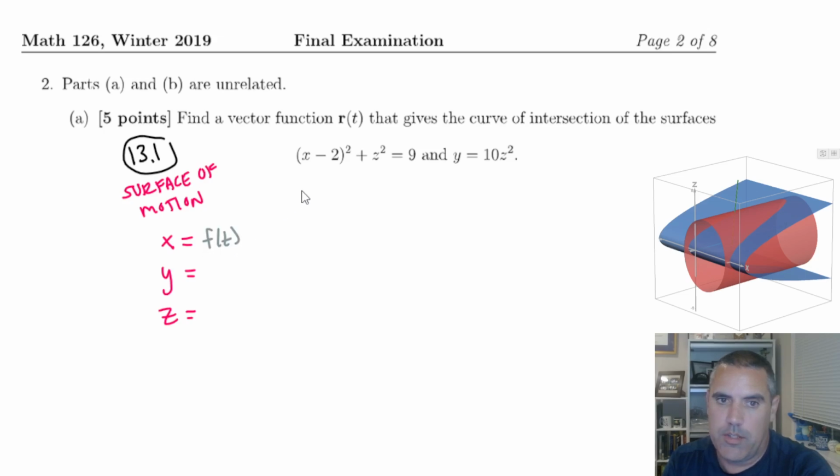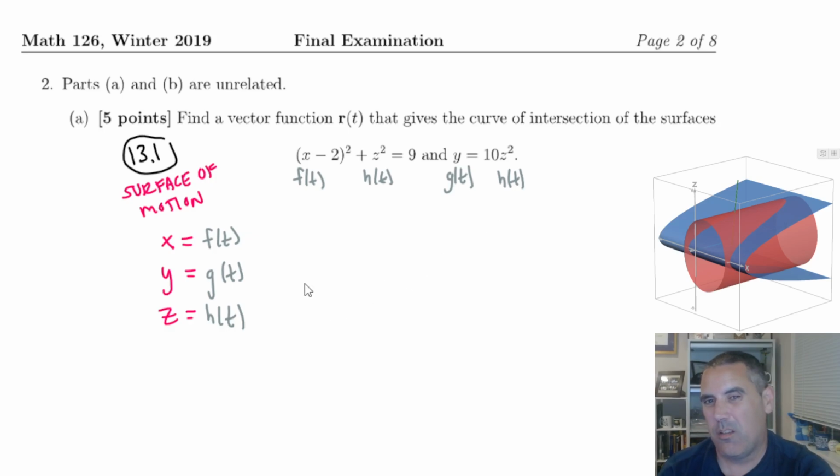Whatever this is, if you put it here, and whatever this is, if you put it here, this will always be 9 for all values of t, and these two things will always be equal for all values of t. It's not enough for just one.